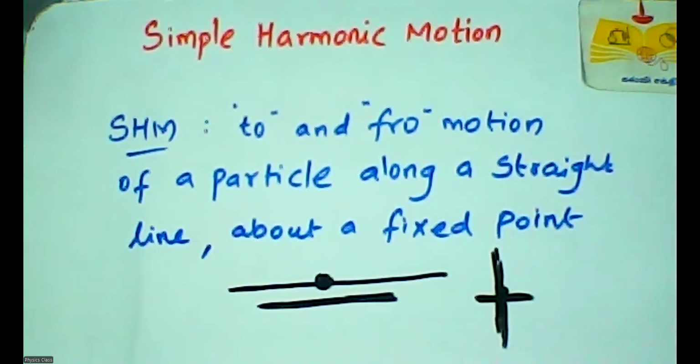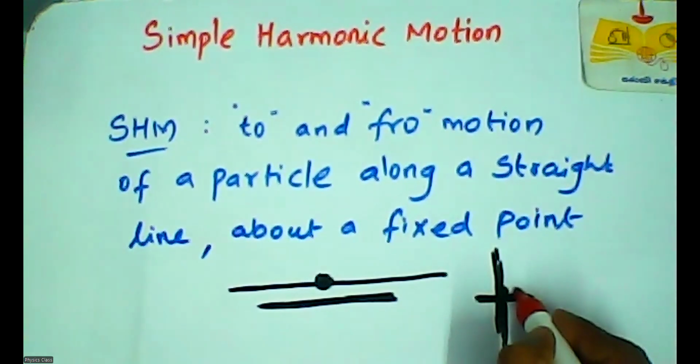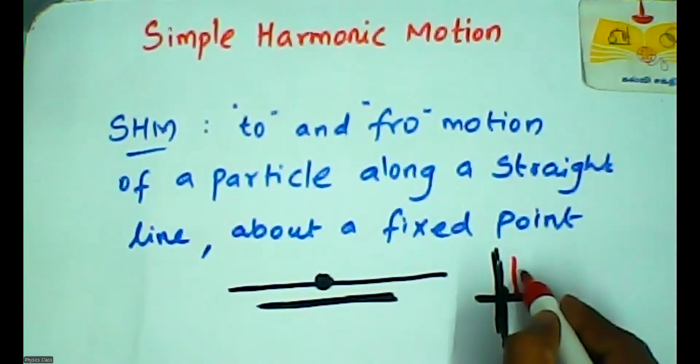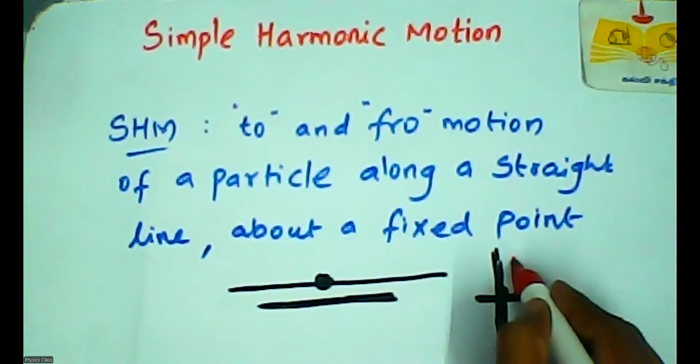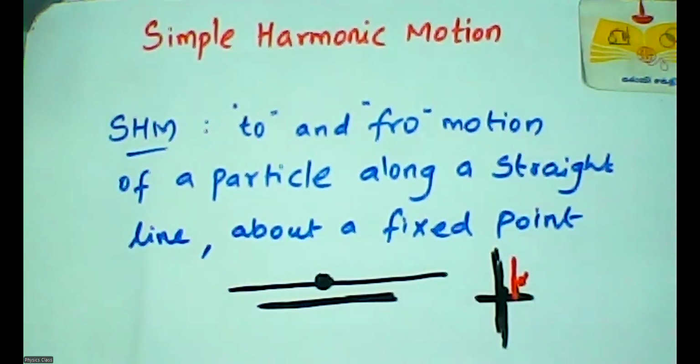Again, I will say simple harmonic motion is a type of periodic motion. Periodic means repeated in time. It is a periodic motion where the restoring force acting on the object is directly proportional to its displacement. Suppose the object goes here, the force acting on that object pulls it towards the equilibrium position.